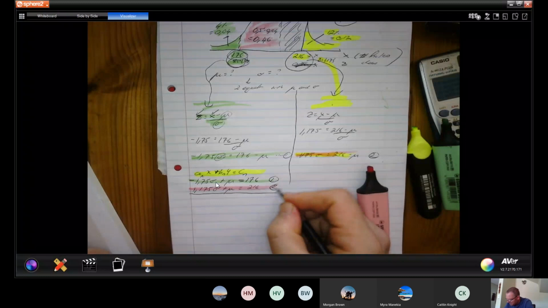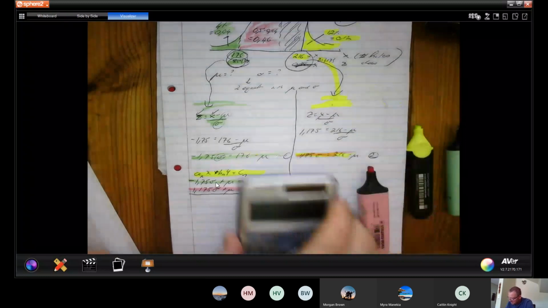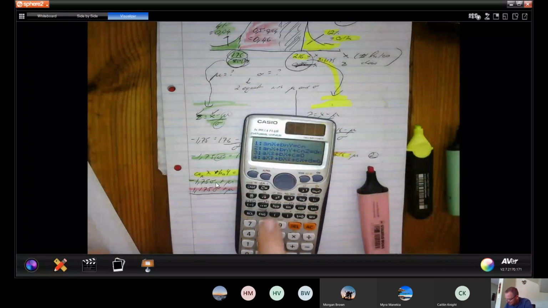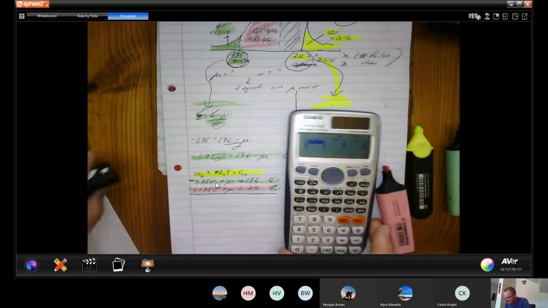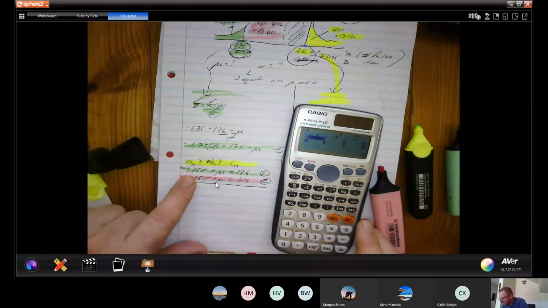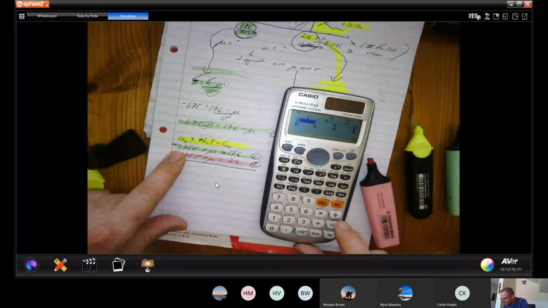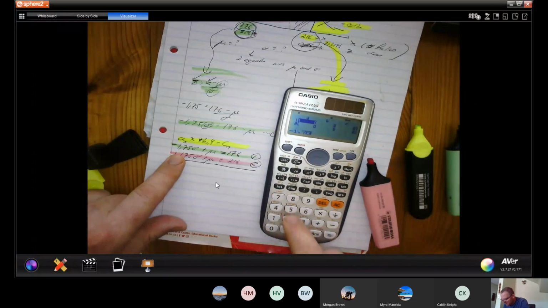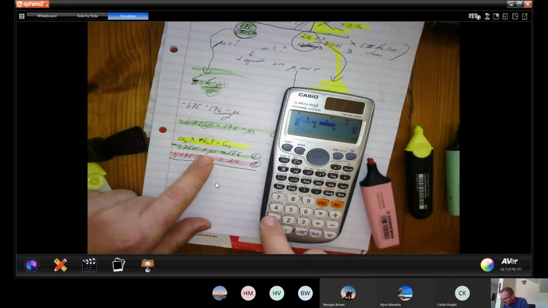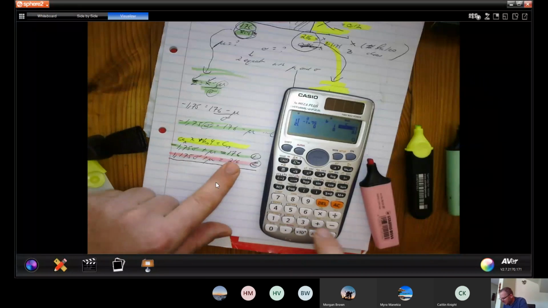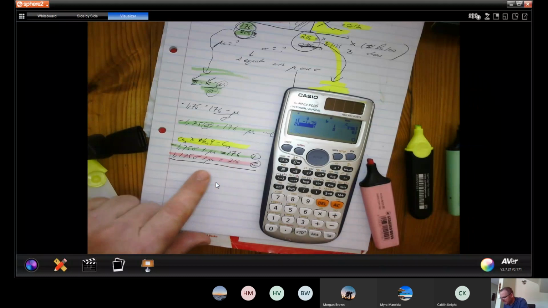So what do I do on my calculator now? I press 1, and I enter the first equation, in the same order. So I'm going to go negative 1.75 equals, this one's going to be 1 equals, and this one's going to be 176 equals. Enter the first equation.